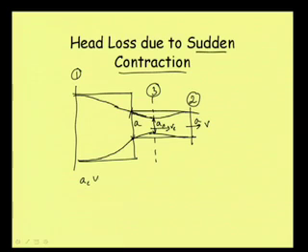So AC into Vc is equal to A into V, and this implies that Vc is equal to A by AC into V. In fact, it is AC by A that is given as a coefficient Cc, the contraction coefficient.